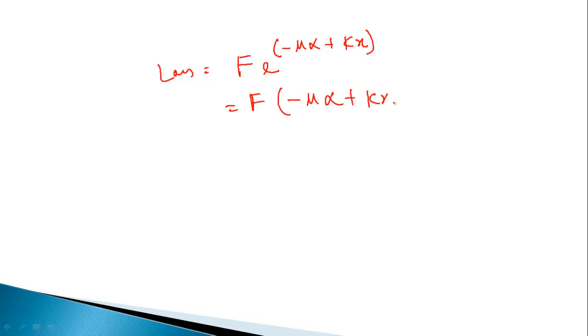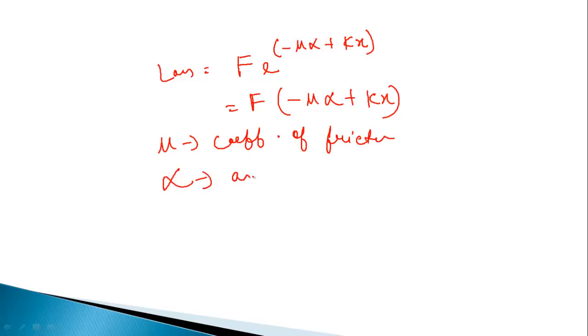The formula for loss in friction is given as F into e to the power minus (mu alpha plus kx). Since this value is very small, finally we will get almost the same value. So for ignoring the complication, we can use the formula F into (mu alpha plus kx). Mu is the coefficient of friction. Alpha is the angle at which these tendons are jacked.